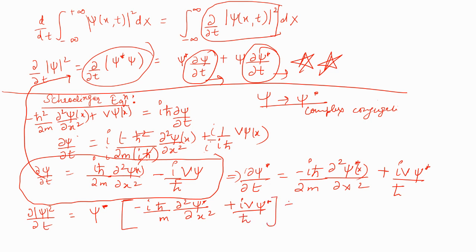Then plus psi d psi star by dt. This will be plus and this will be minus. Sorry, I just flipped the sign.